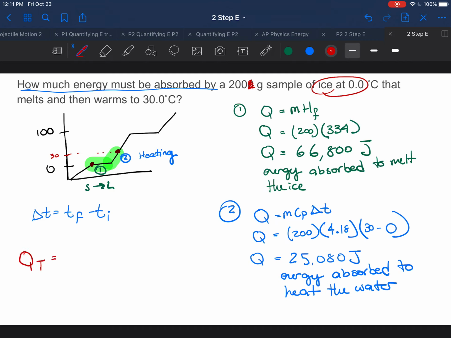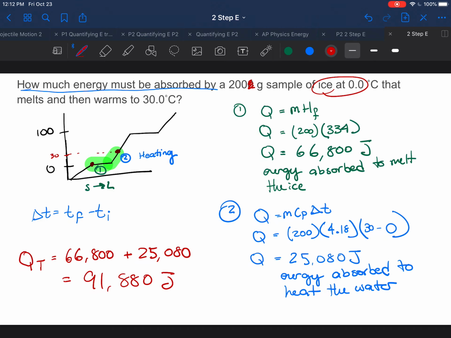It was asking for how much energy must be absorbed, so the total energy absorbed is the energy absorbed to melt the ice plus the energy absorbed to heat it once it was water, or 91,880 joules.